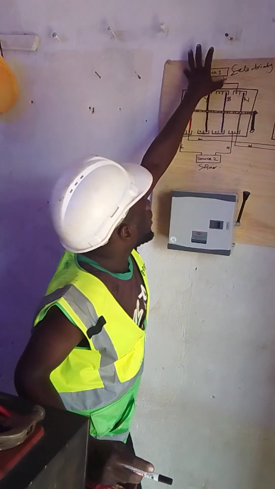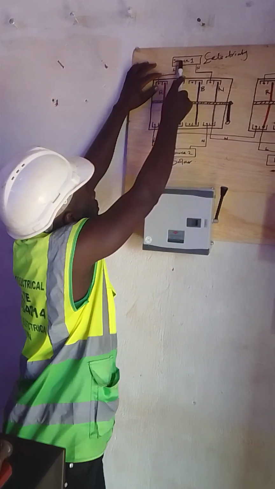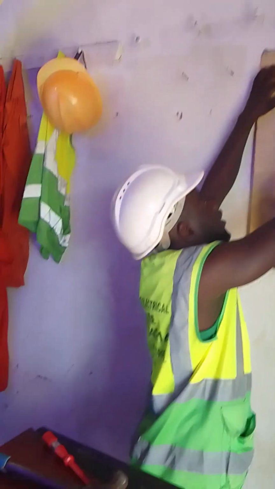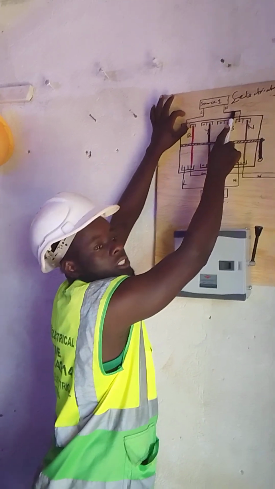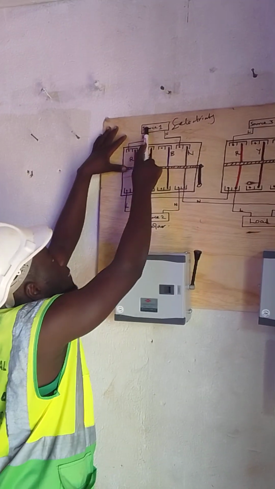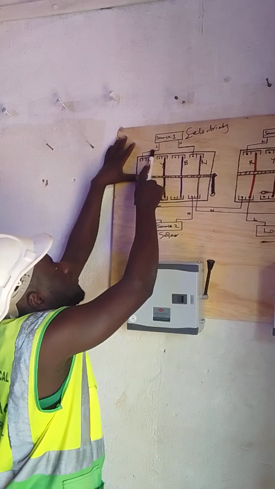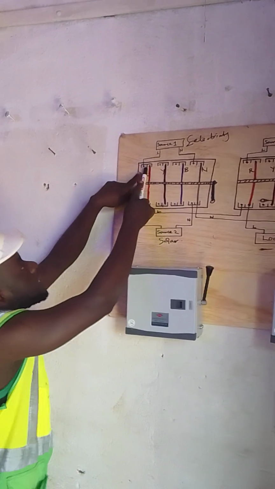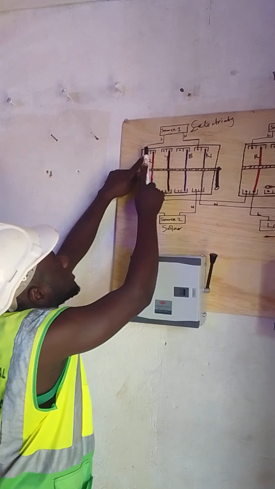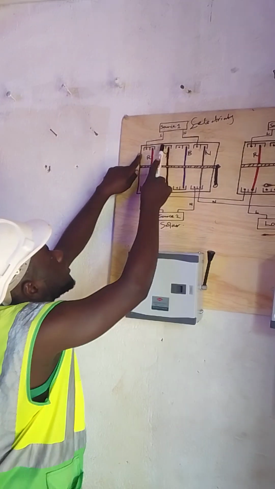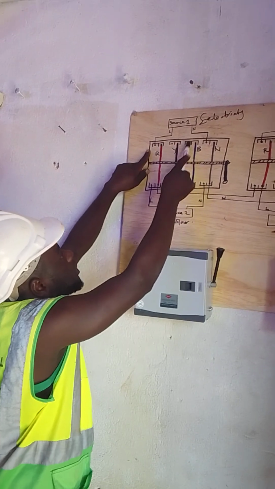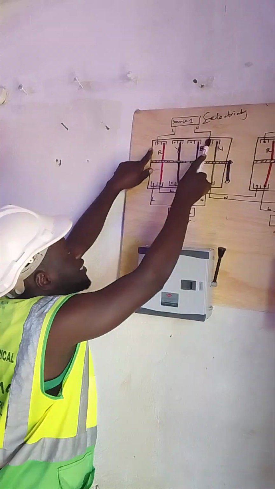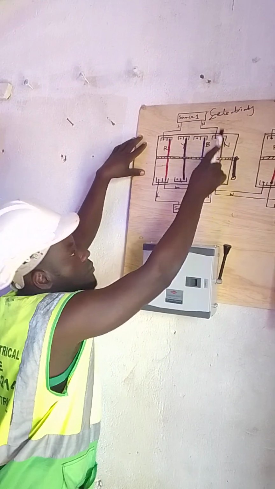So this is our source 1. This is a single phase power source. The live will come straight to our input terminal. This is our source input, load output, source input, load output, and so on.